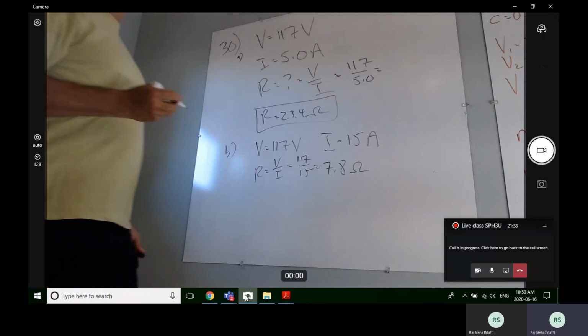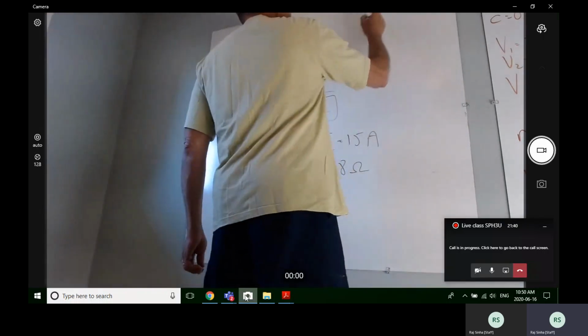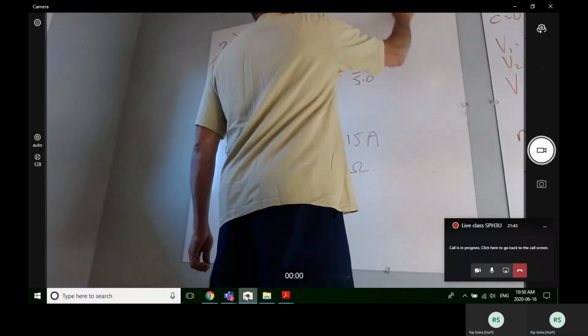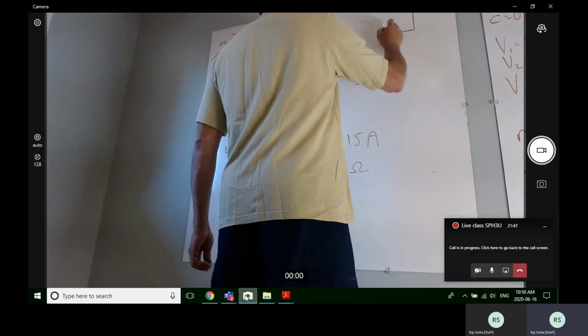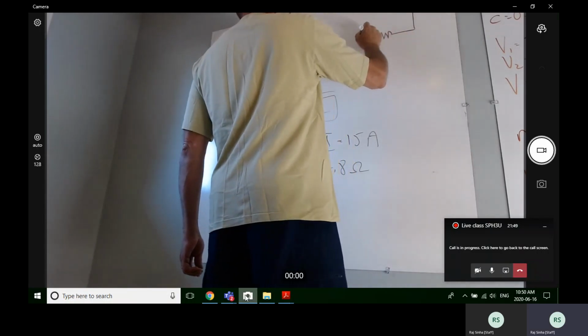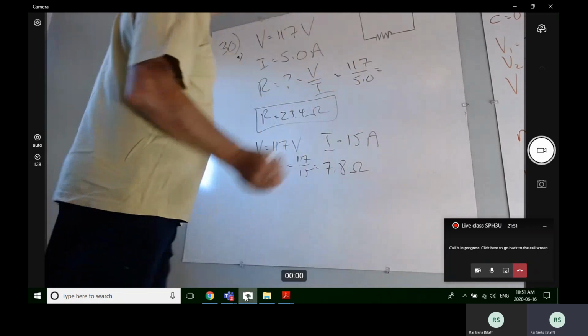Okay. Now, what that's saying is that this is my circuit, this is my source, and I put my coffee maker in here. It's going to be drawn as a resistor. Right.